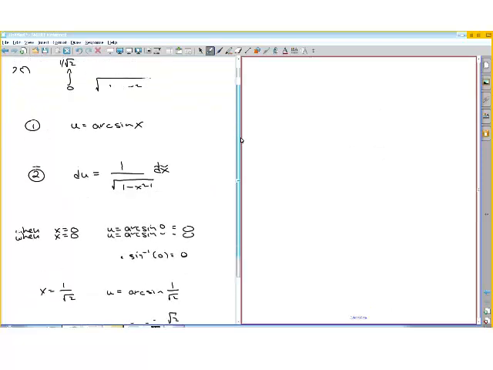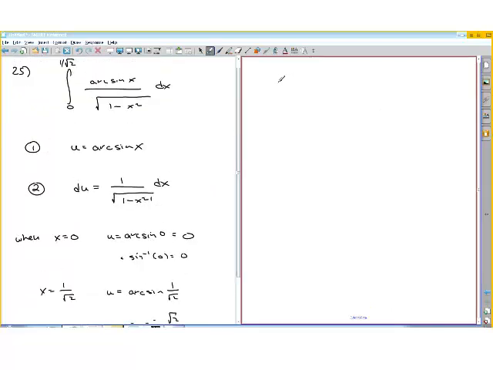So now I can make the substitution. I have my new limits, which are from 0 to pi over 4. My u is the arc sine. My du is dx over the square root, so it's just times du. So I integrate this. This complicated thing just turns out to be a simple polynomial.